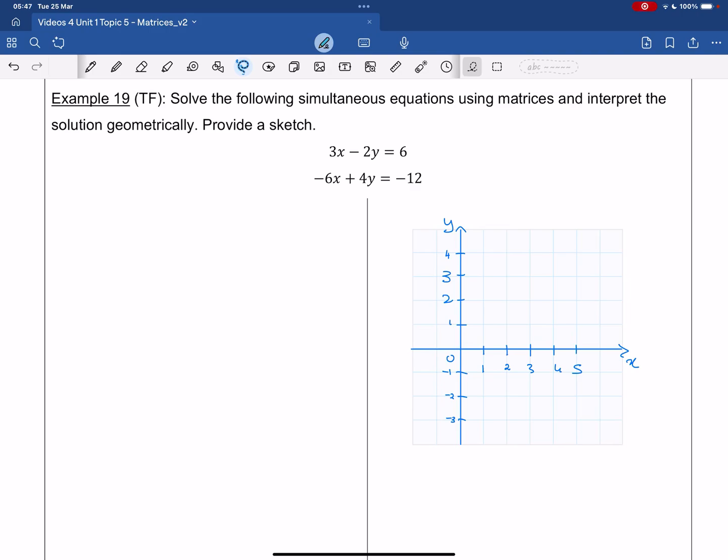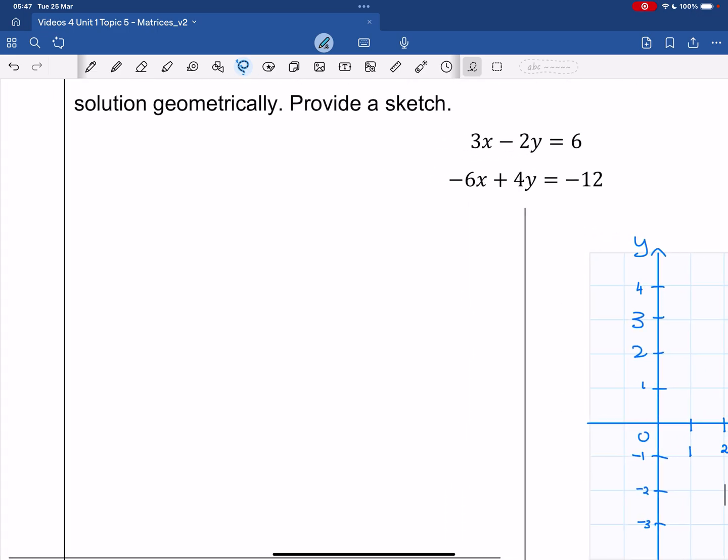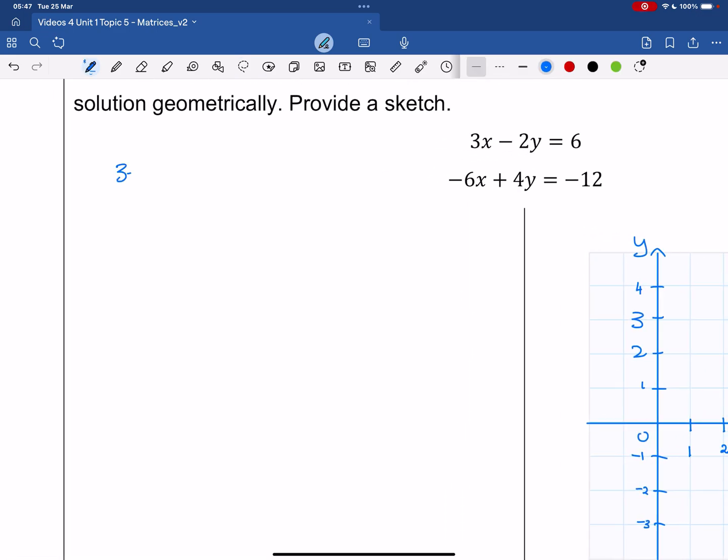Right, let's solve the following simultaneous equations using matrices and interpret the solution geometrically. Again, in order to use matrix methods, we're going to need to set up our matrices and then show our matrix algebra. So we have 3x minus 2y equals 6 is equation 1.